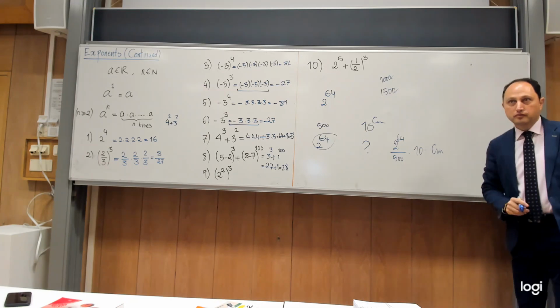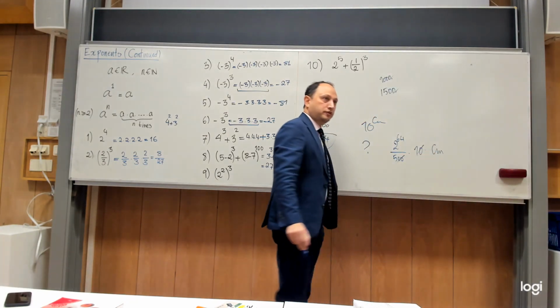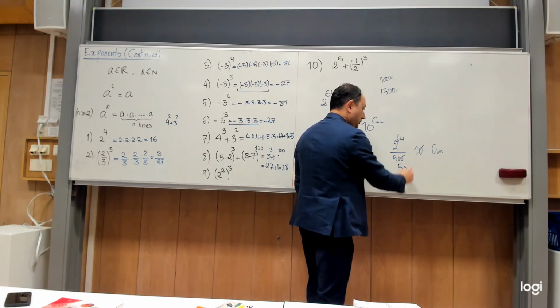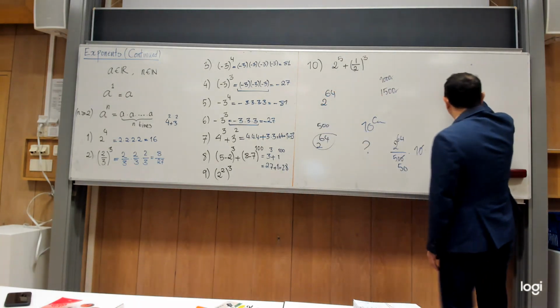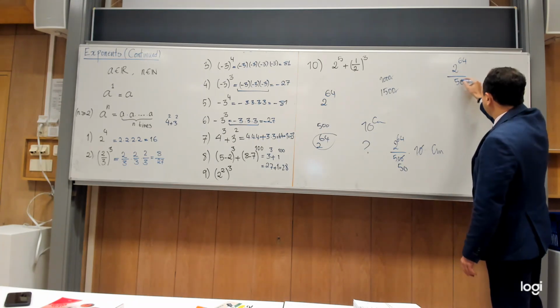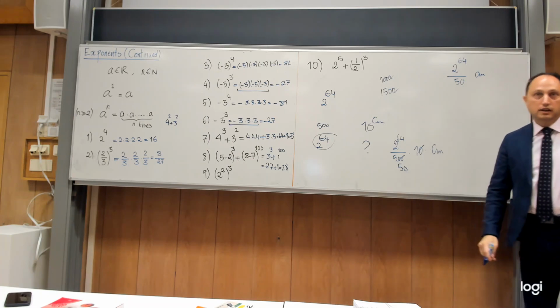Centimeters. Okay? And then can I simplify this 10 by this 500? Yes. This is 1 times, this is 50 times. Do you agree? So the height of this tower by calculation is 2 to the power 64 divided by 50 centimeters. Okay?